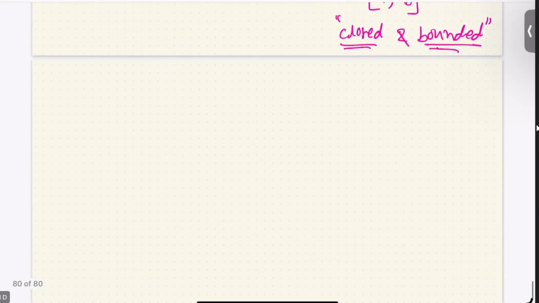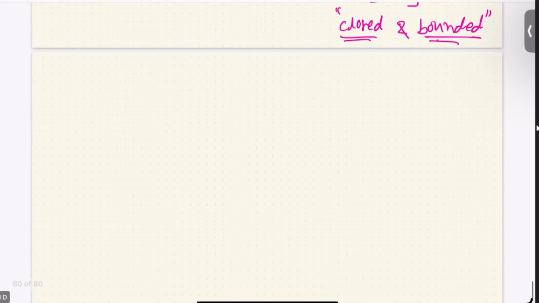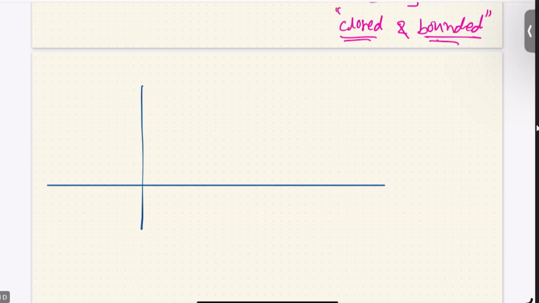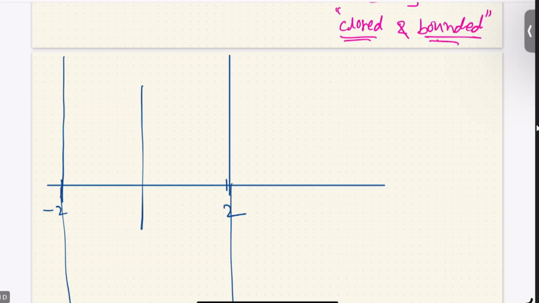Let us take a particular region, let's say minus two to two, and in this closed region, the compact set region, how many continuous functions can you define? Infinitely many, of course.